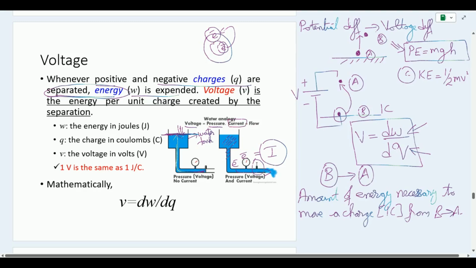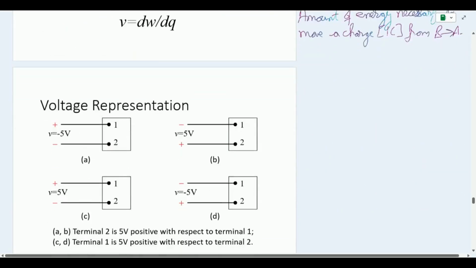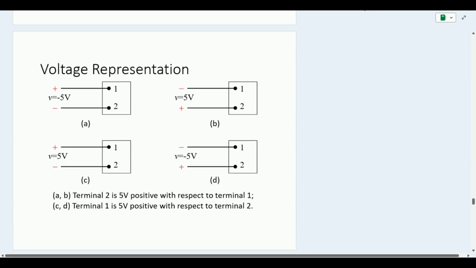So again, some important points associated with voltage. Number one, voltage is going to have a value plus a sign. We'll come to this point.